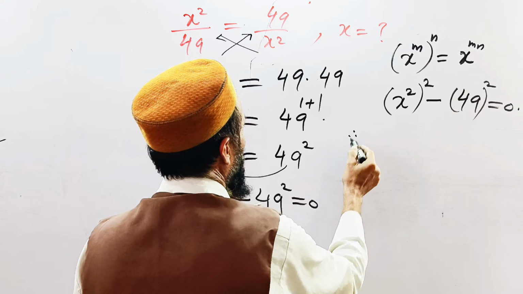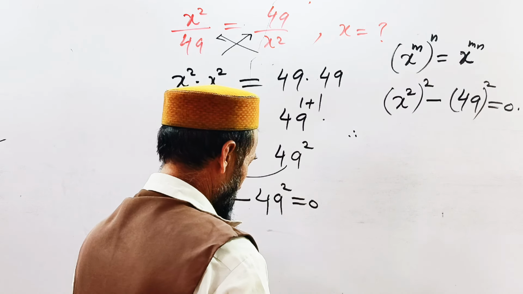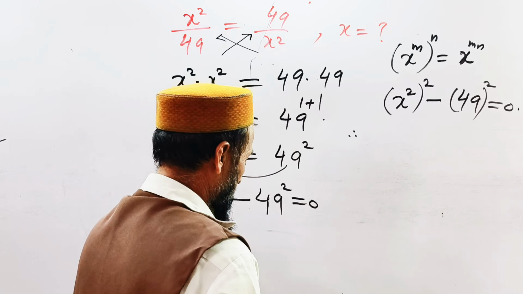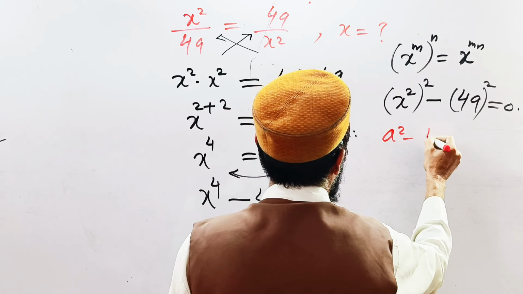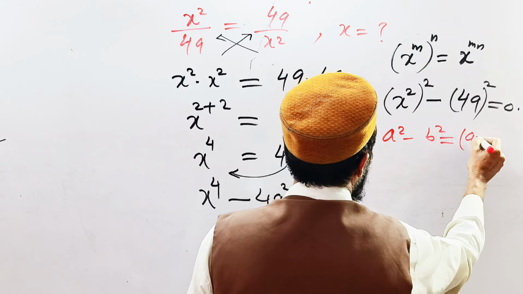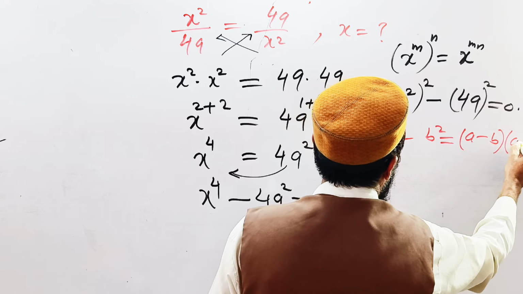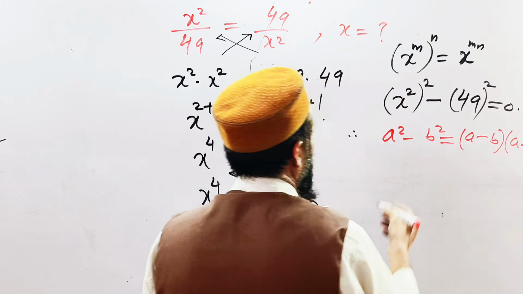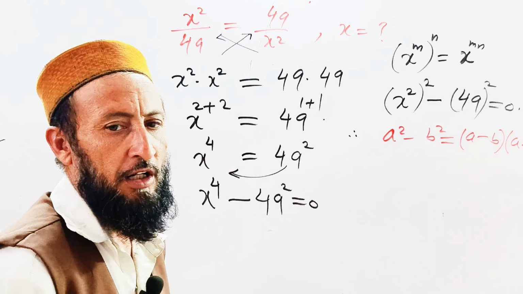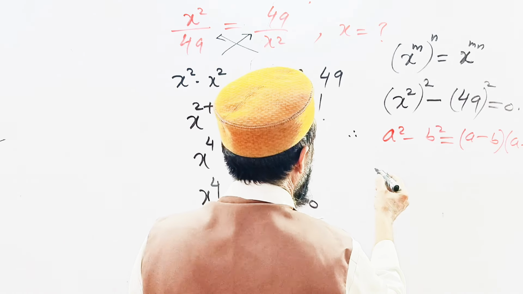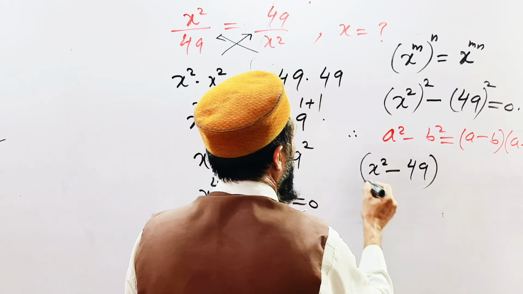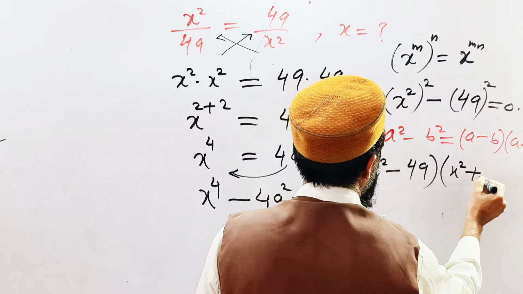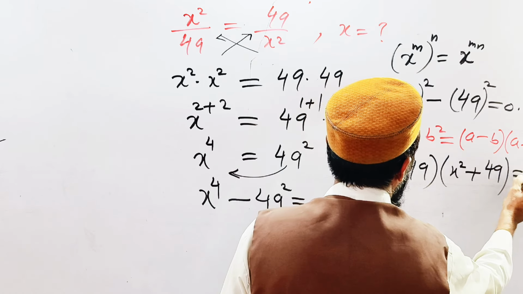Now we have the formula a square minus b square is equal to a minus b into a plus b. According to this formula, we can write x square minus 49 into x square plus 49 is equal to 0.